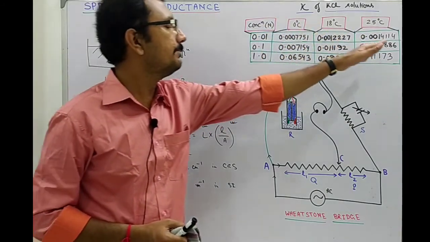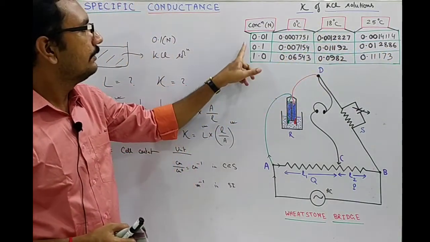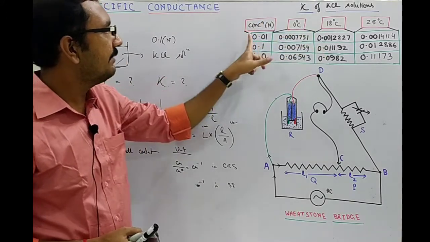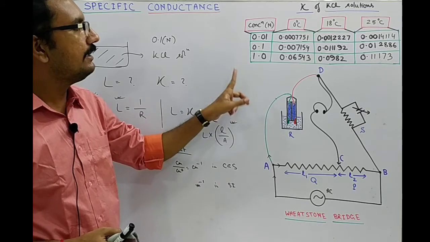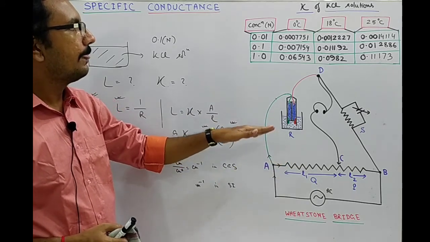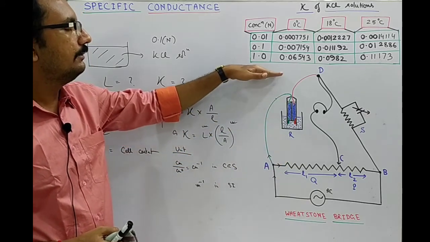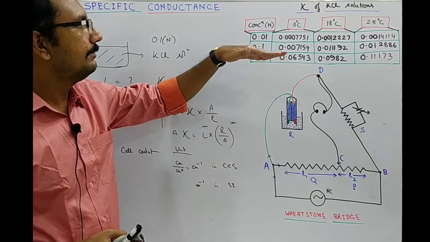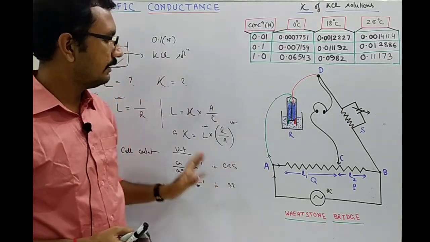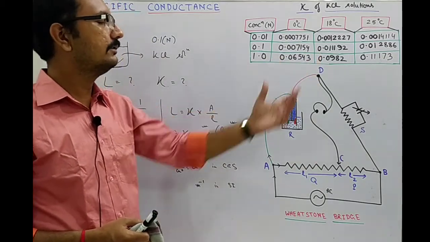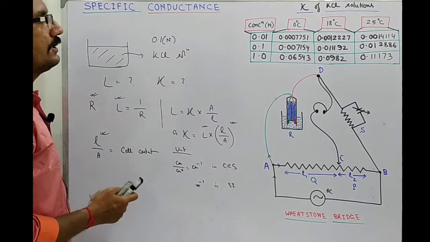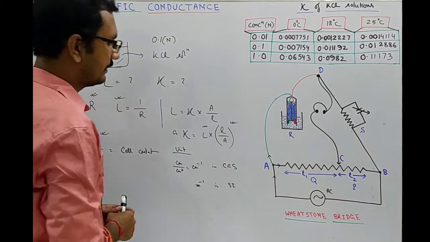So, for different temperatures, for KCl solutions having different concentrations, Kohlrausch and his co-workers have obtained the accurate values of specific conductances in this way. So, you have a chart where you can find the specific conductance of KCl solution.